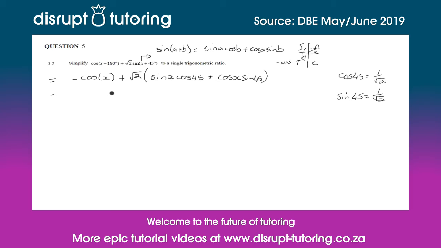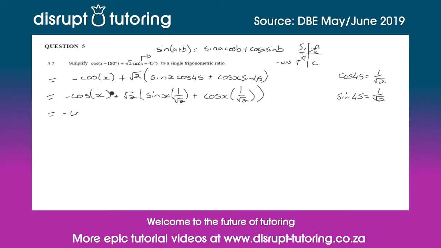So carrying on, this stays as minus cos of x, plus root 2 times sine x times 1 over root 2, plus cos x times 1 over root 2. This 1 over root 2 is common in both terms, so we can take it out.